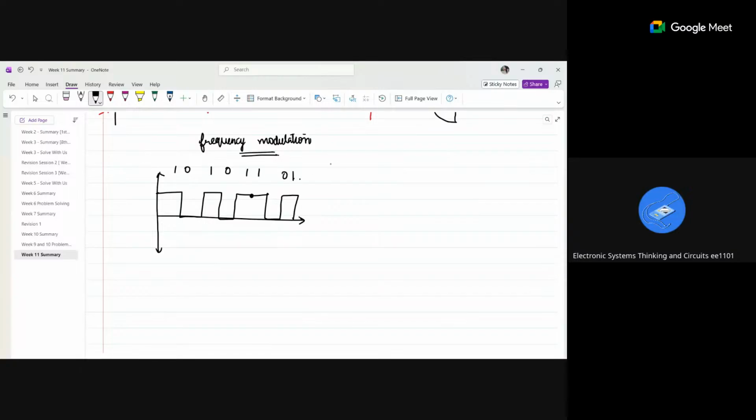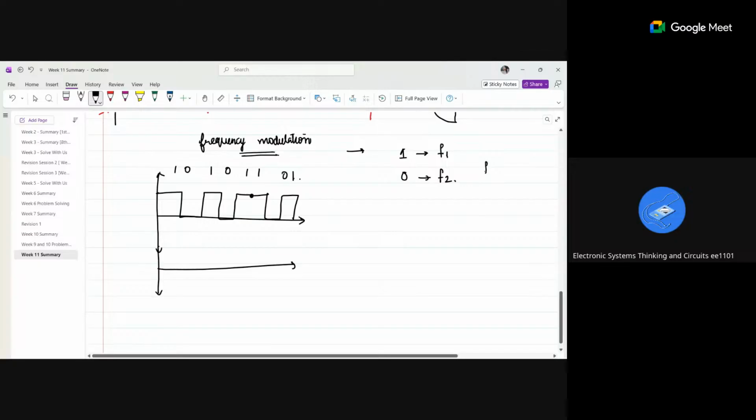In frequency modulation, whatever ones I have, I will represent in my modulator signal. One will be represented by a signal with a frequency f1, and zeros will be represented by a signal with a frequency f2.